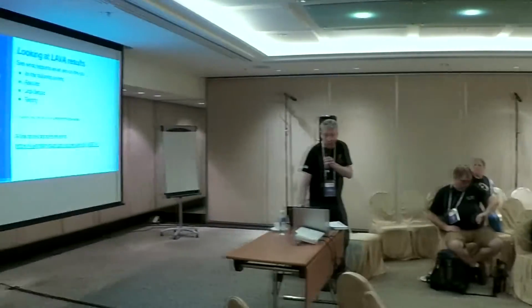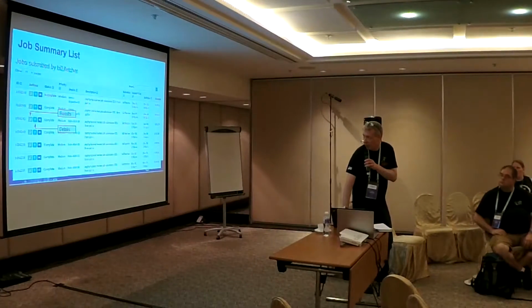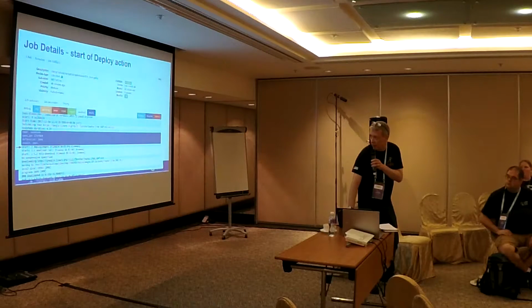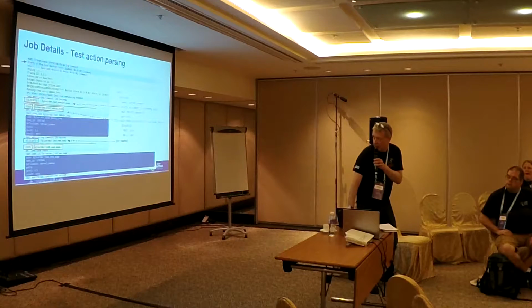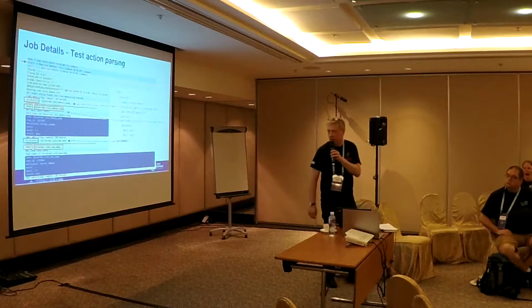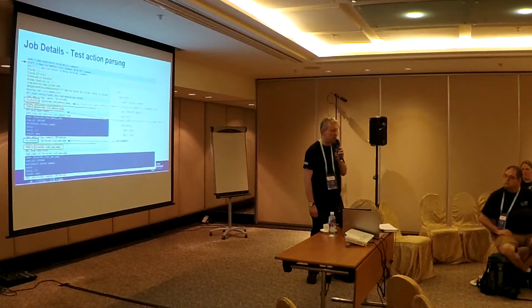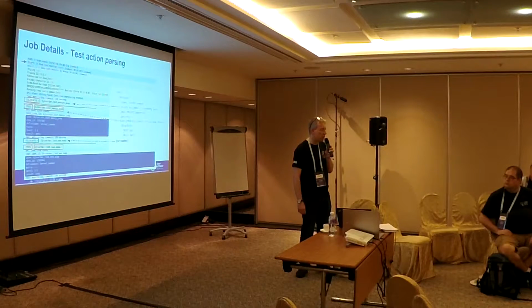I'm going to skip over this section because we already looked at some of the output, but in plenty of detail you can see where the parsing is happening and what happens if you look into the job details. You can see what is matching in terms of those patterns. I think one thing that may still not show up is the actual end pattern match.